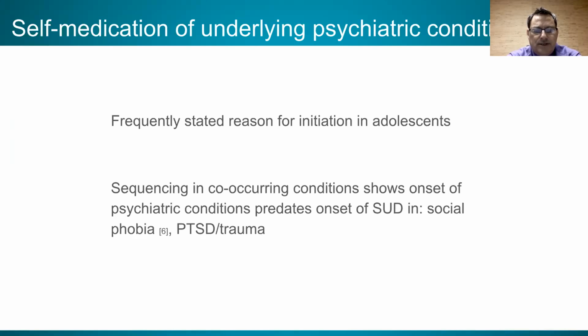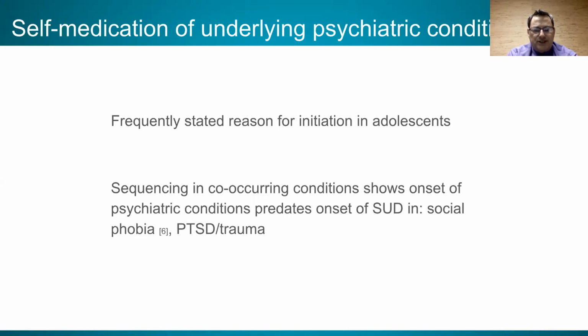So one of the things that researchers have done is they've looked at the sequence of the development of mental health conditions versus substance use disorders, and they've found that in some conditions, the onset of the psychiatric condition predates the onset of the substance use disorders, and that's particularly true in anxiety conditions or conditions that have a lot of accompanying anxiety.